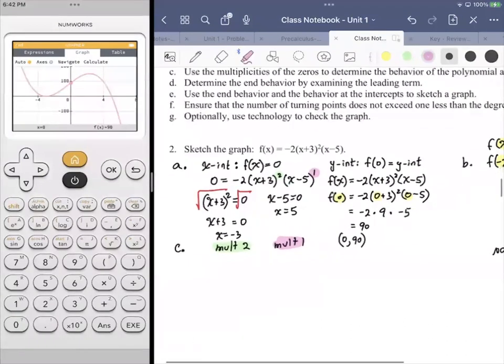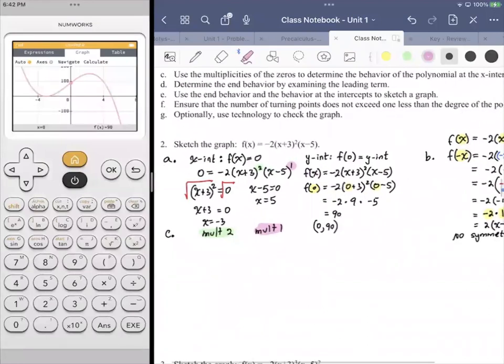And the follow-up to that, to determine the behavior of the polynomial at the x-intercept. That's great. We could also use it to determine the behavior of the polynomial overall. All right. Because this has to be a degree 3 polynomial.